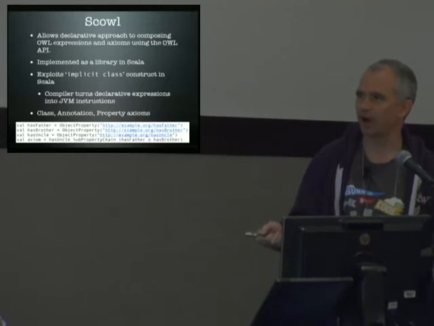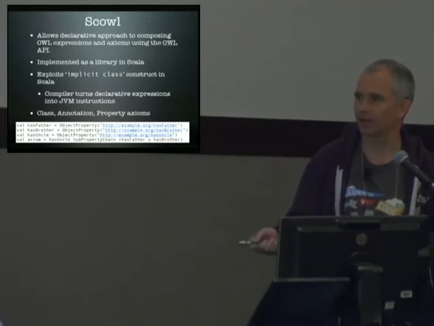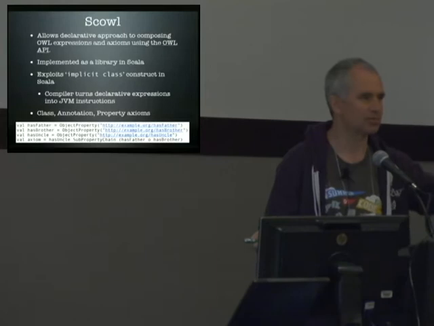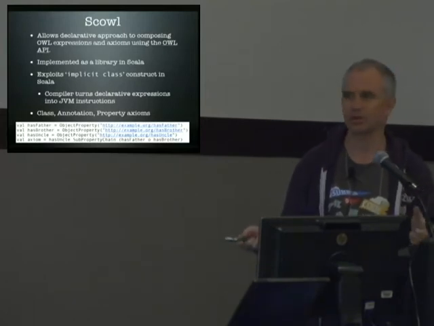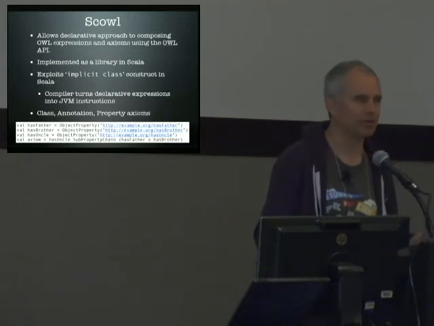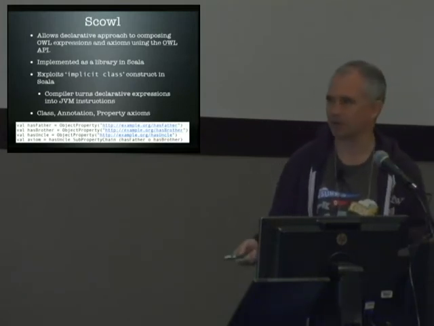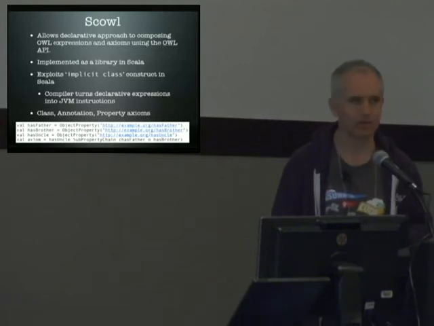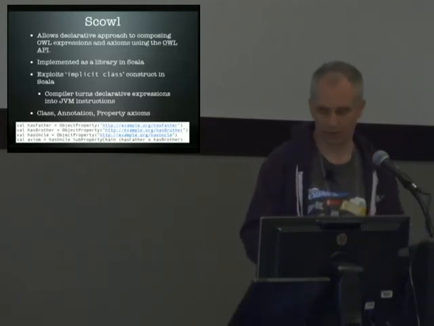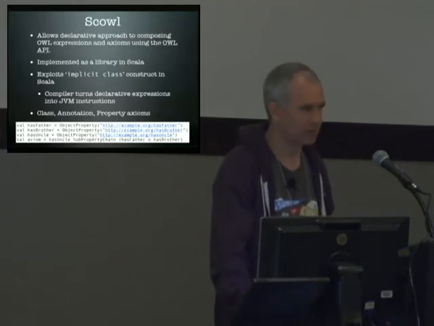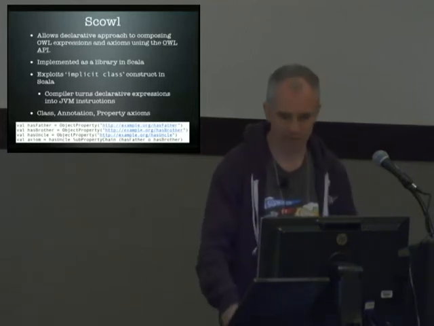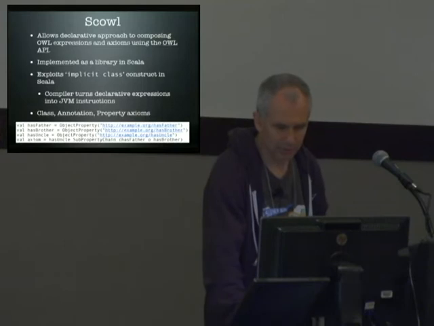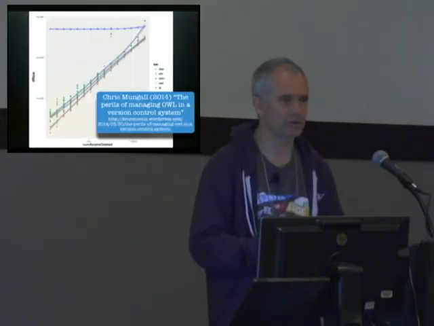So it's really the compiler that handles this, and it works not only on class expressions, which is the example I showed you before, but also on property axioms, subproperty axioms, like here, where the little o is the symbol in Manchester syntax for chaining properties. And it's the compiler that will turn this into a much longer expression.